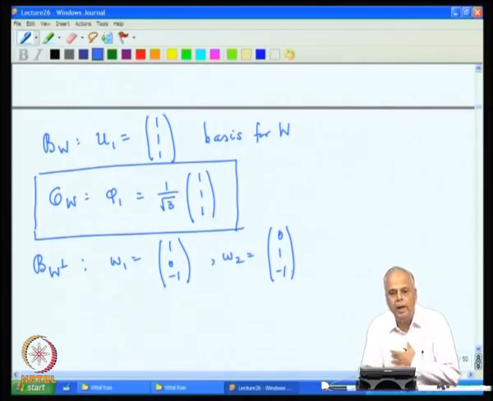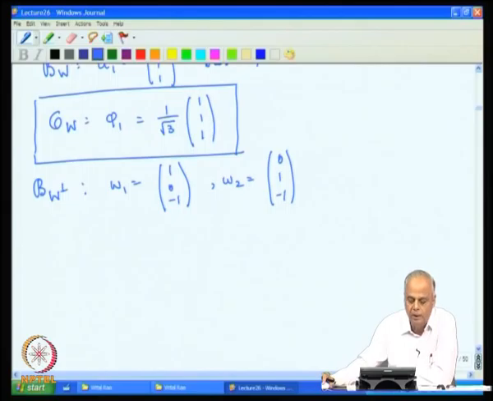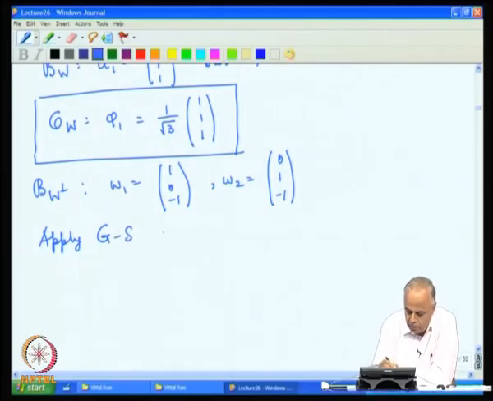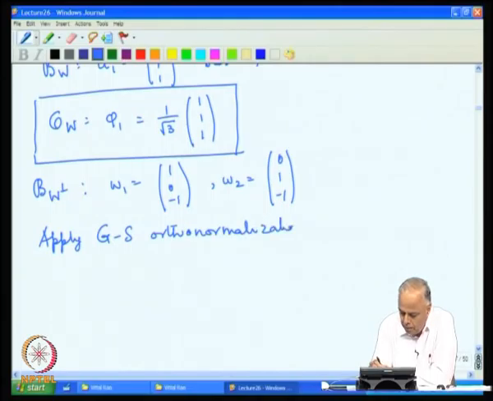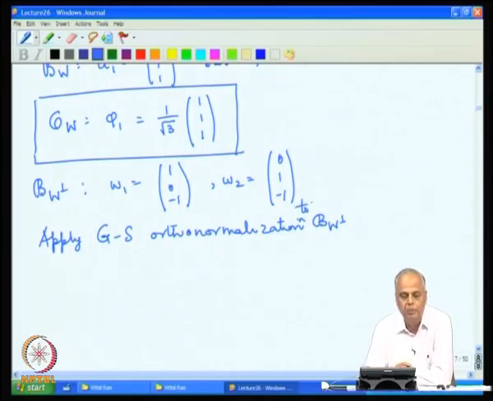Now, in order to extract an orthonormal basis out of it, we have to apply the Gram-Schmidt process. So, we apply the Gram-Schmidt orthonormalization to BW perp. The result will be an orthonormal basis OW perp for W perp.